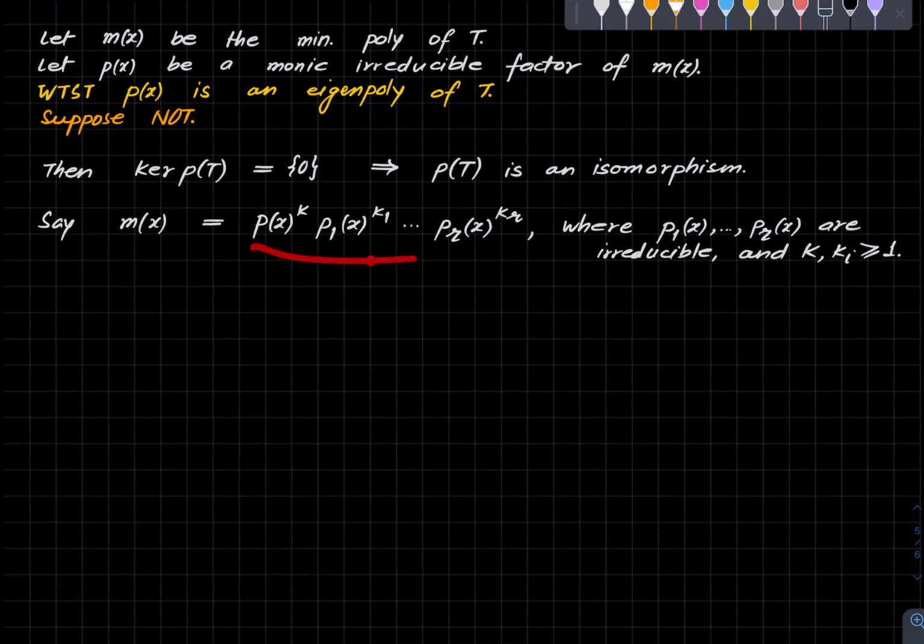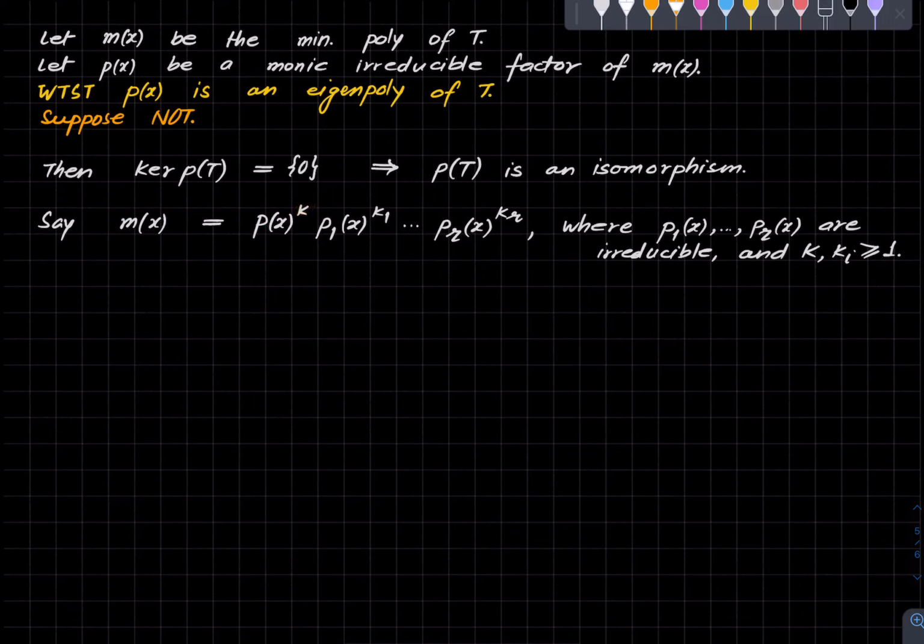So just take the factorization of m(x) into its irreducible factors. p1 appears k1 times, pr appears kr times, and p appears k times. We already assumed that p(x) divides m(x), so there is some non-trivial power of p(x) that appears as a factor of m(x). k could be 1, but it is at least 1.